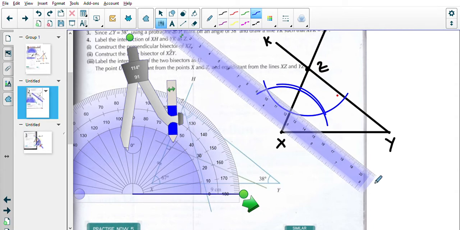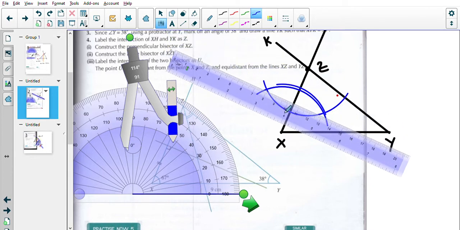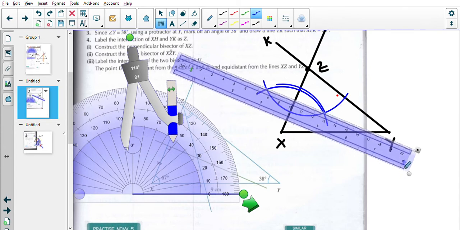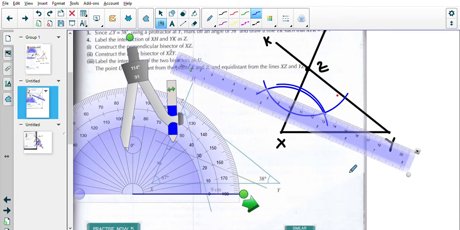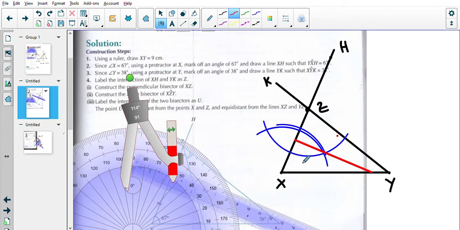Rotate your ruler again like this, and make sure that the two intersection dots are connected to each other. Alright, now we have found the perpendicular bisector. Of course we know that the angle of this line is 90 degrees.